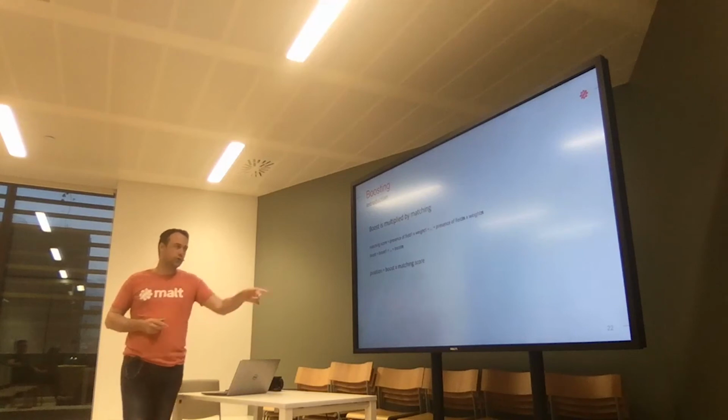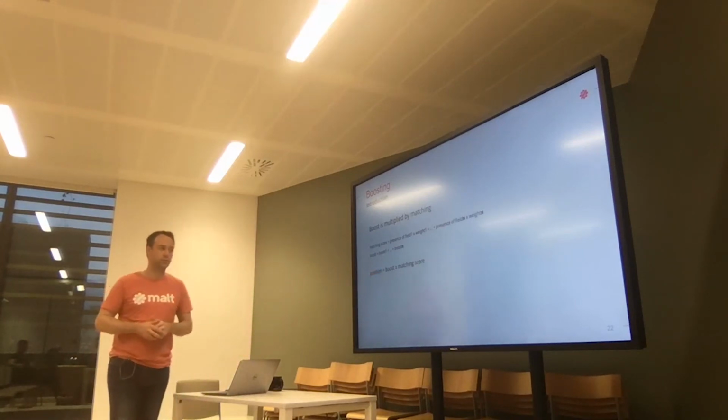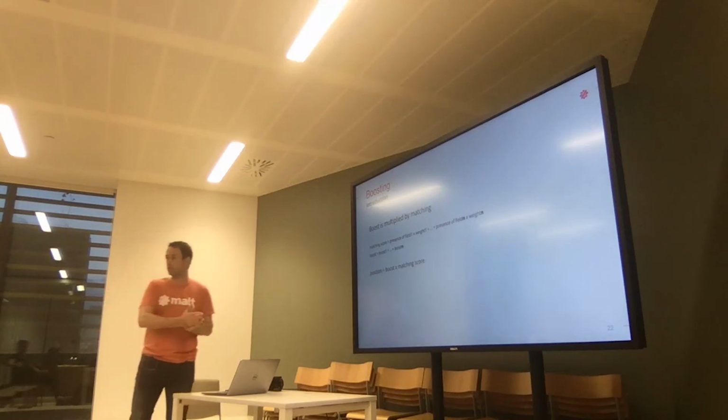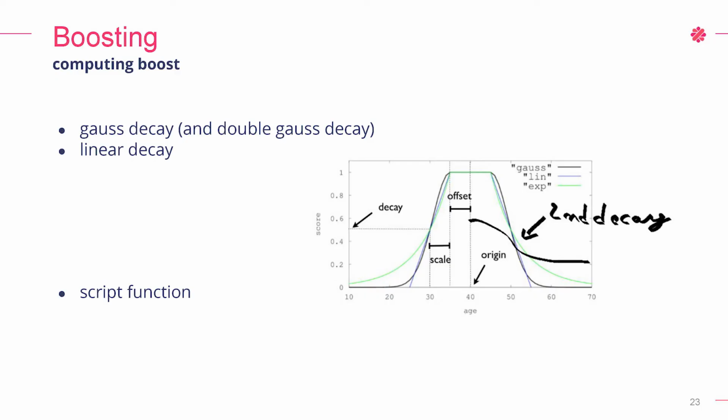Basically, your position is your boost times the matching score. The matching score is just the presence of the field times your weight, and the boost is the sum of all boosts.